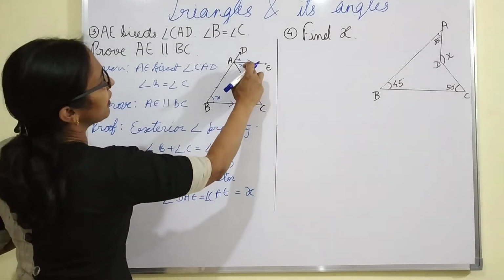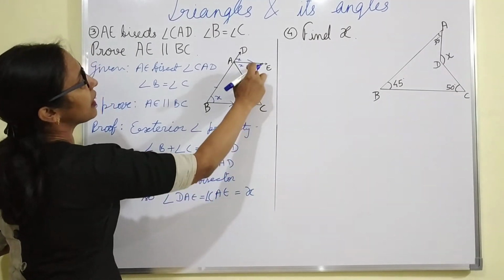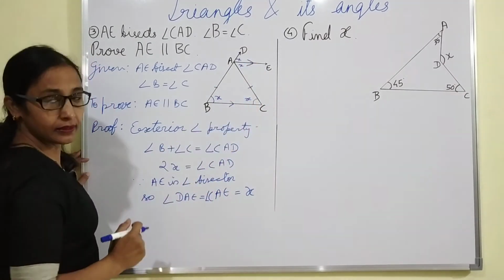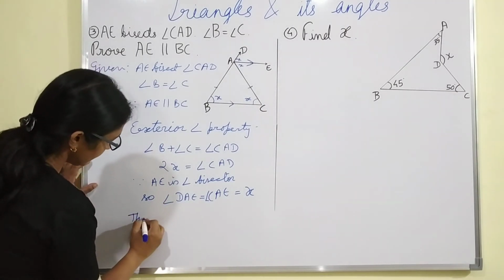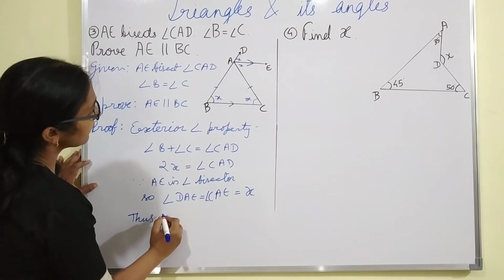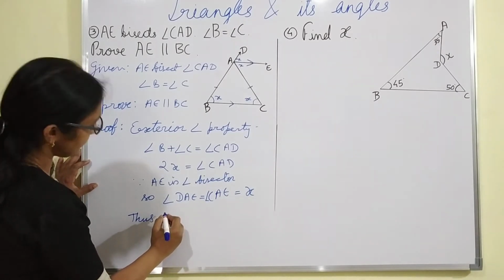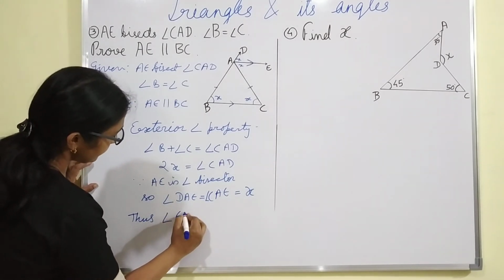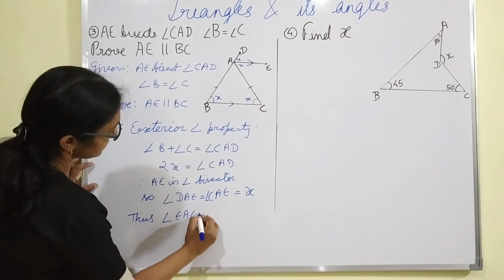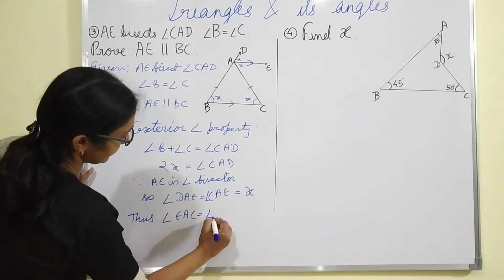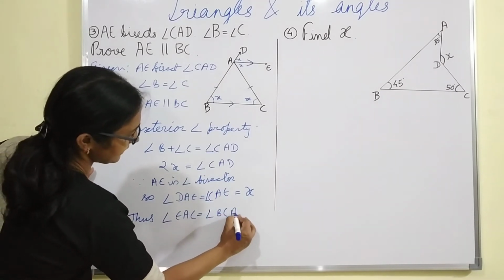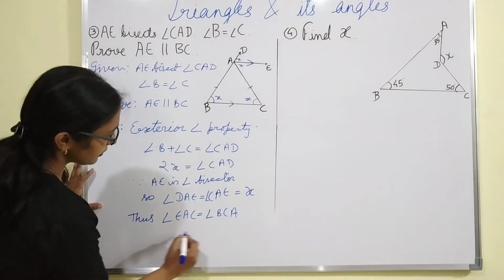Now see, alternate interior angles are equal. Thus angle EAC equals angle BCA.